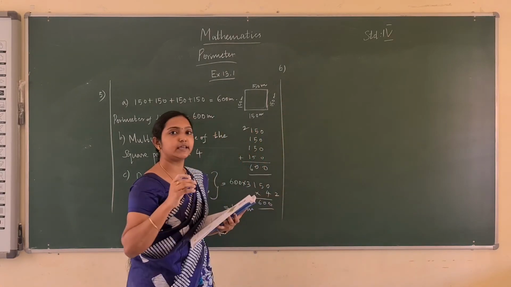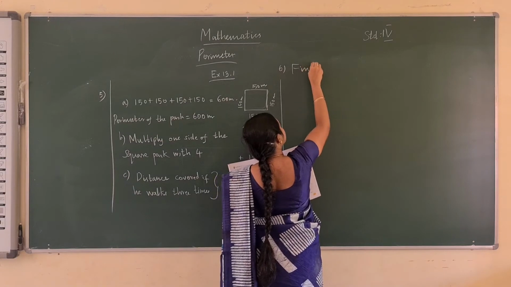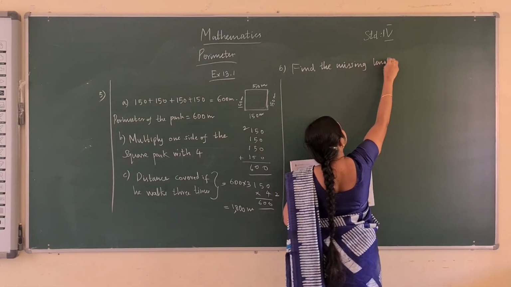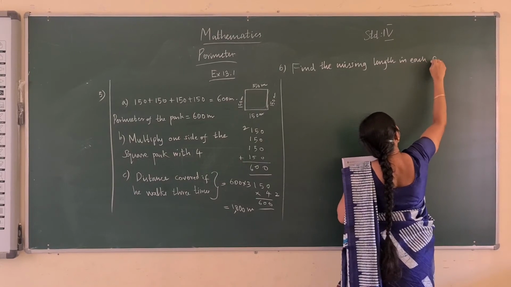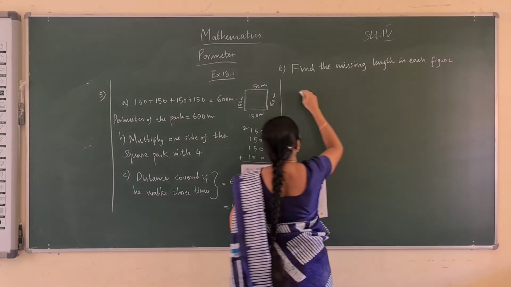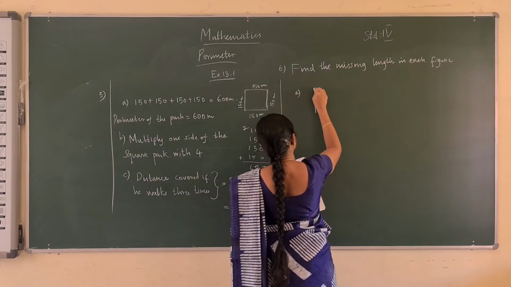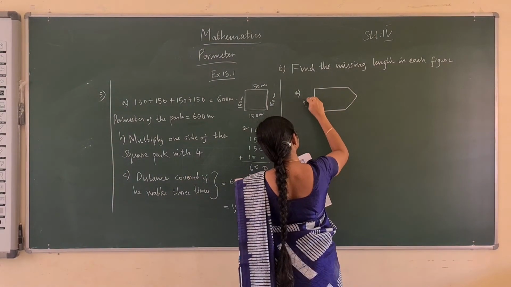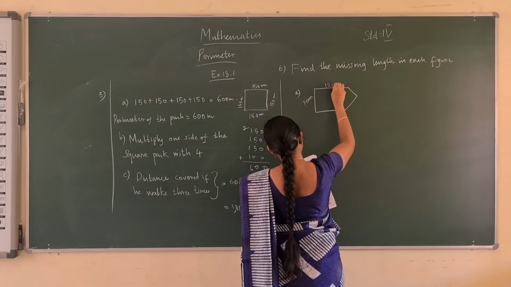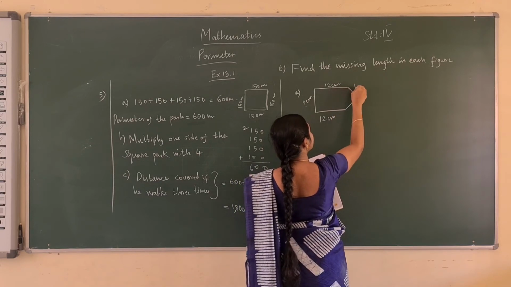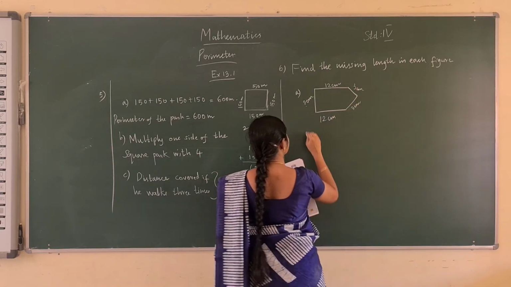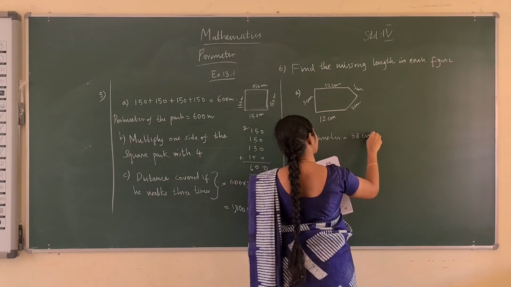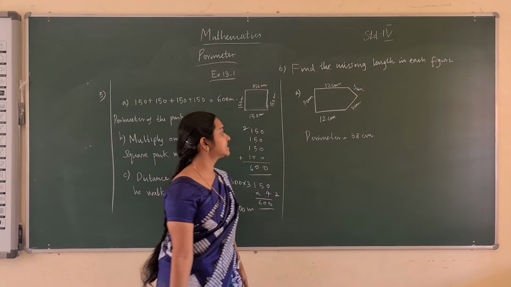Find the missing length in each figure. The perimeter is given as 38 centimeters.